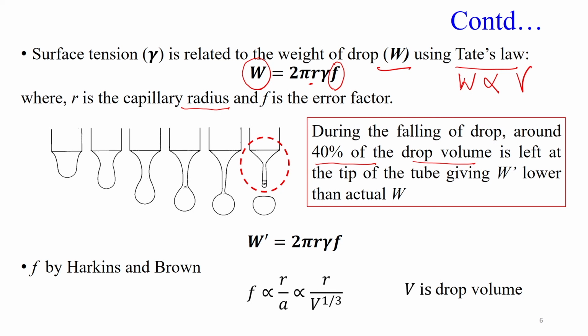So, in that case the actual drop volume is lower than what it should be. So, that is why we can write W as W dash, and to incorporate this error, we are adding an error factor, and as you know this error factor is coming from the size of the capillary radius, as well as the leftover at the tip of that capillary.